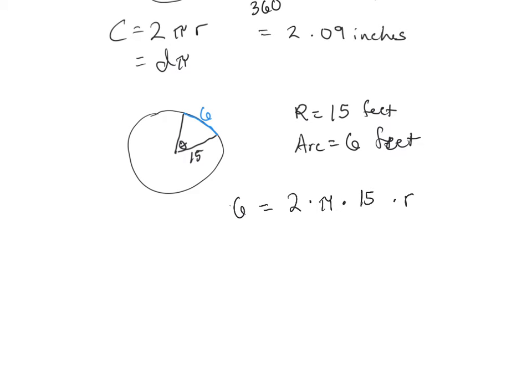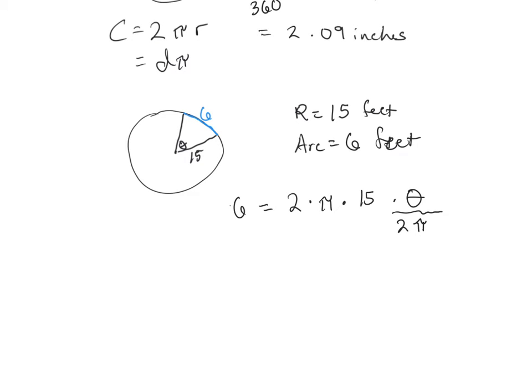We'll just call this theta. Theta over 2 pi, because the entire thing is 2 pi.